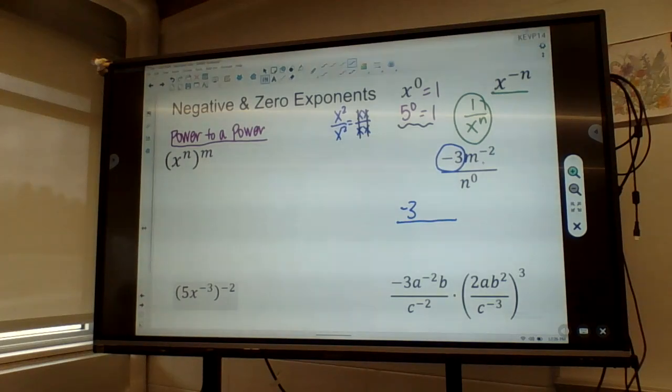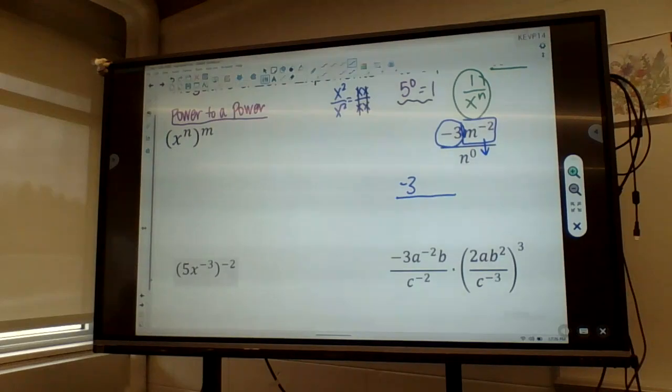But this m to the negative 2, since it's a negative exponent, I'm going to drop it to the bottom. When I move it into the fraction, it's going to become positive. So it just switches its spot in the fraction. And then the n to the 0, we found out that just equals 1. So it's really like 1 times that. So this can just be rewritten this way.